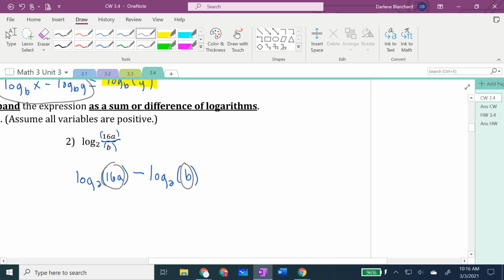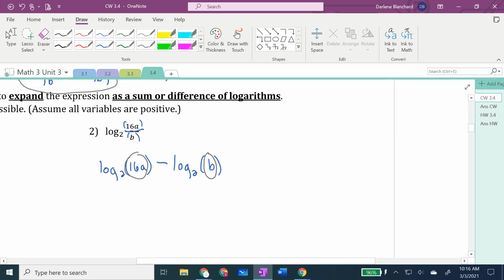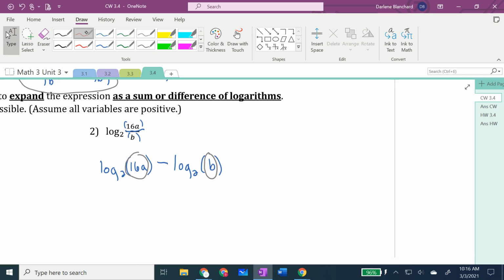That can expand further. So the next step is to take that first logarithm and separate the multiplication of the 16 and the a. And the rule is that the two logarithms are adding if the insides were multiplying.